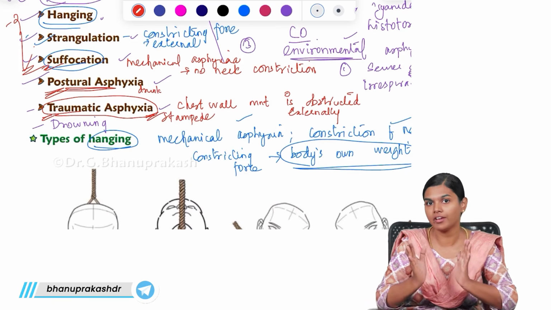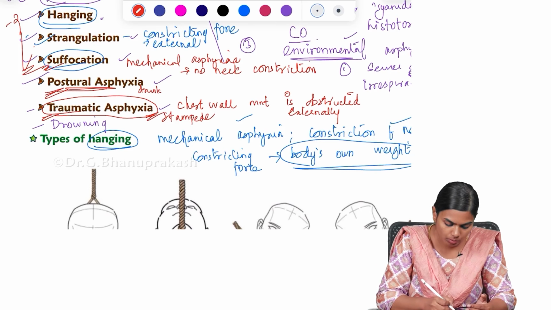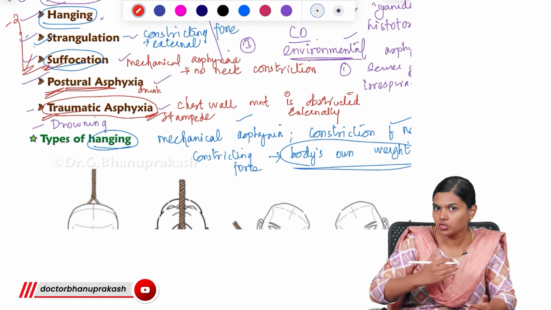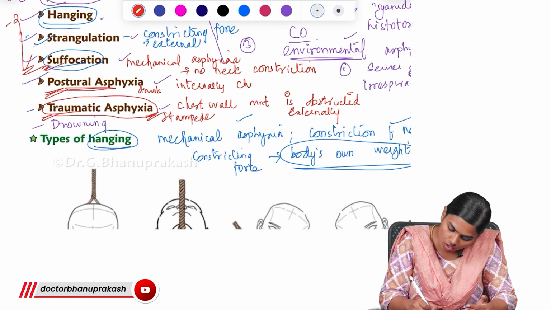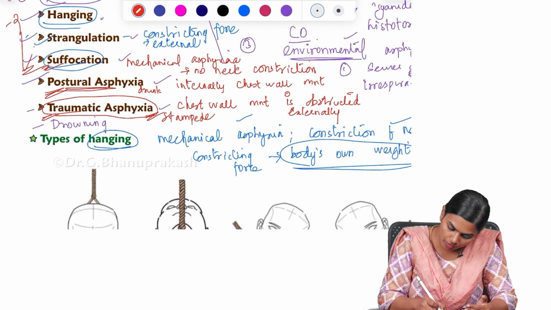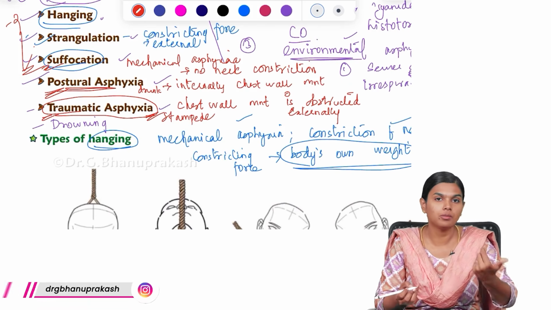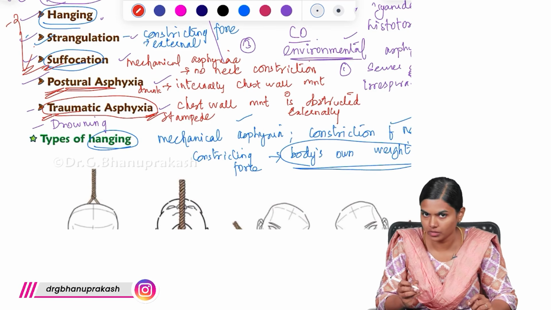All these unfavorable positions people may use will obstruct the chest wall movement. Okay, something internally. So internally the chest wall movement will be affected. When it happens internally, by assuming some unfavorable posture, asphyxia happens. We call it postural asphyxia.